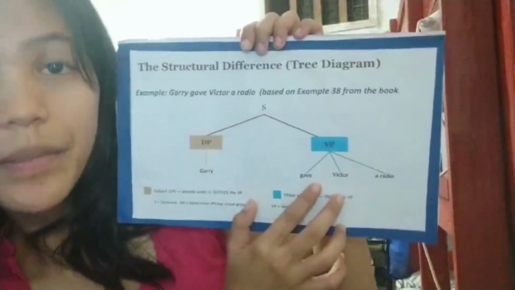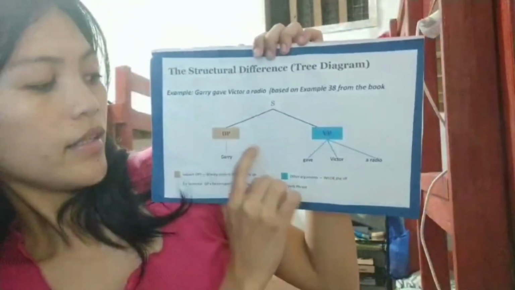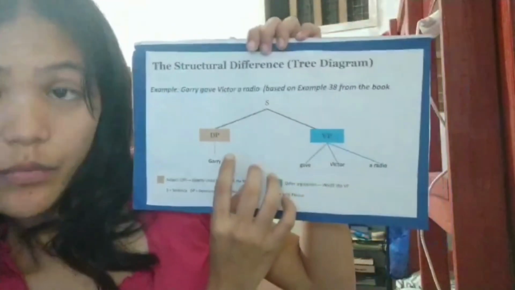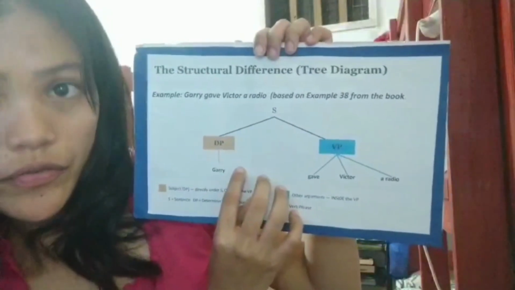So here, based on the definition that I mentioned earlier, this is the argument that is seated on the left side, which is the subject, and it is outside of the verb phrase.